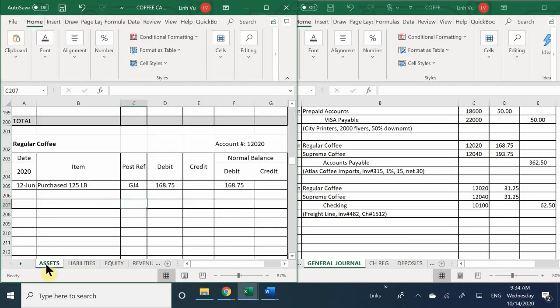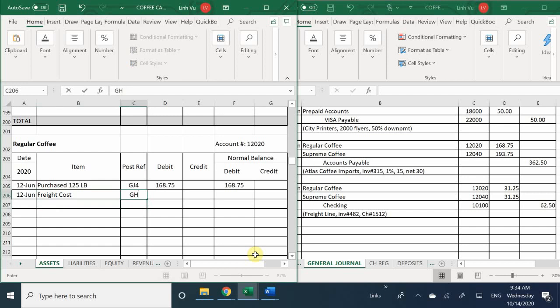Under your assets, my regular coffee, I'm going to indicate that it's June 12th, and this is where I'm going to type in freight cost.